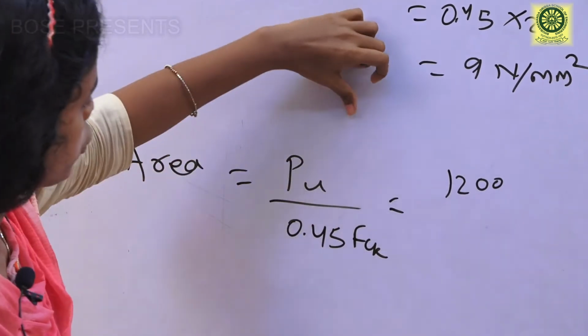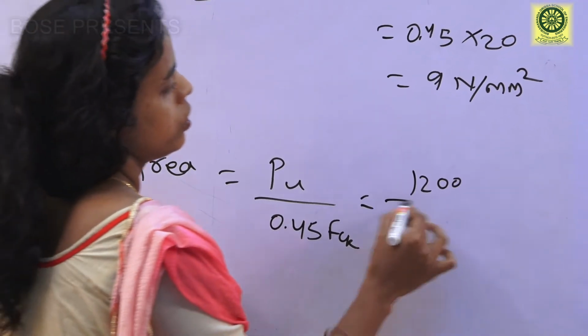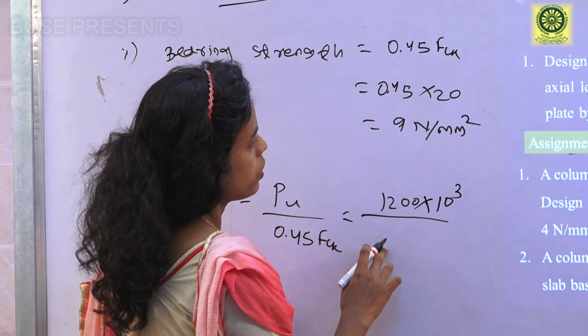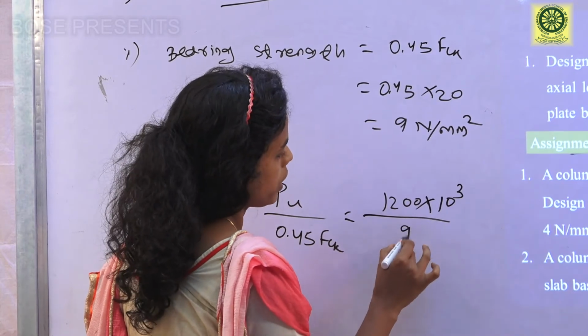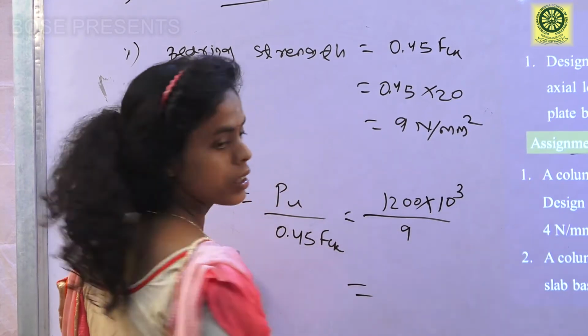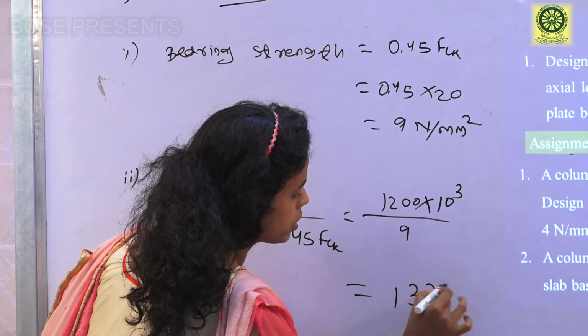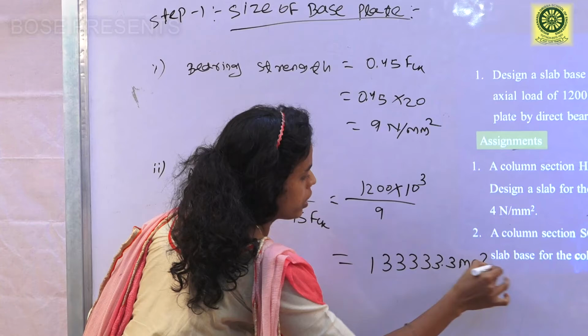Here 0.45 fck is in Newton per mm square, so we need to convert kilonewton to Newton. So 1200 into 10 to the power 3 Newton divided by 9 Newton per mm square, that is equal to 133.33 times 10 to the power 3 mm square.